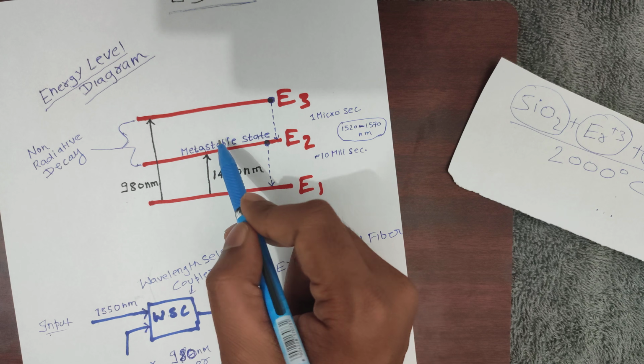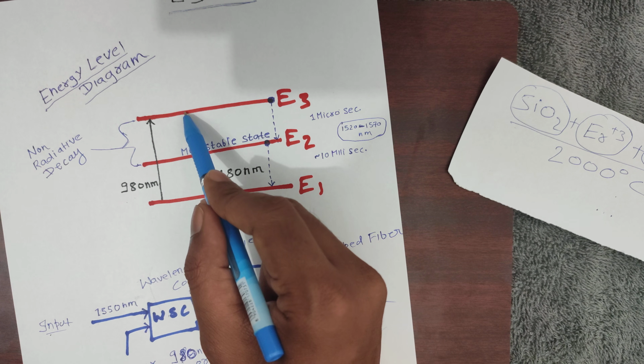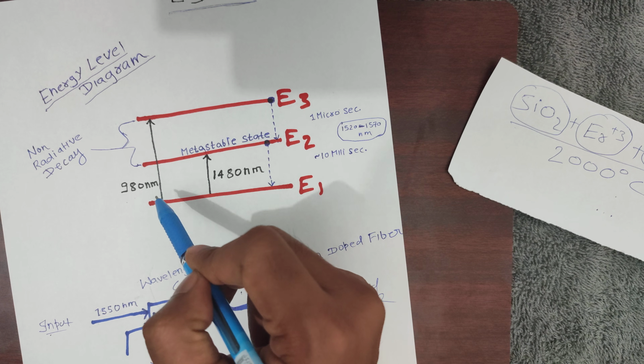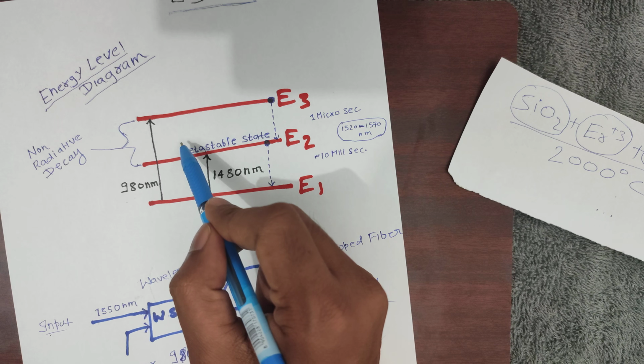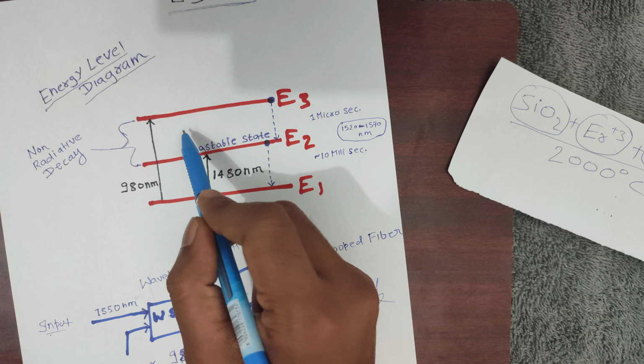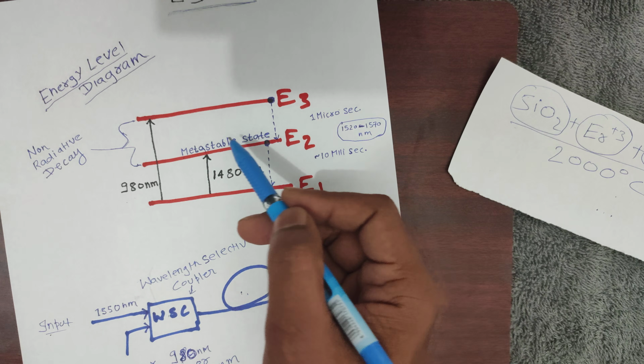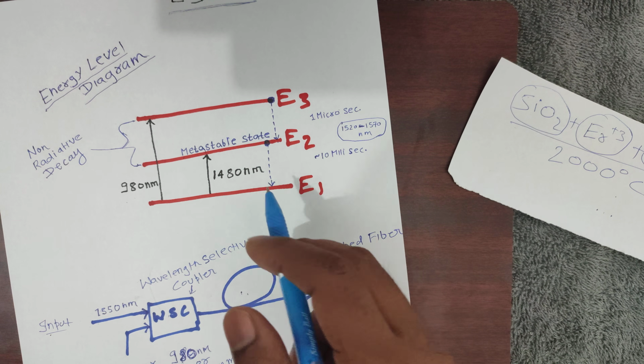This is also called non-radiative decay, because when the electron comes from the E3 energy state to the E2 energy state, there is no emission of light and it is not contributing anything to the amplification. Here just energy gets dissipated in the form of heat, means it is useless for us.